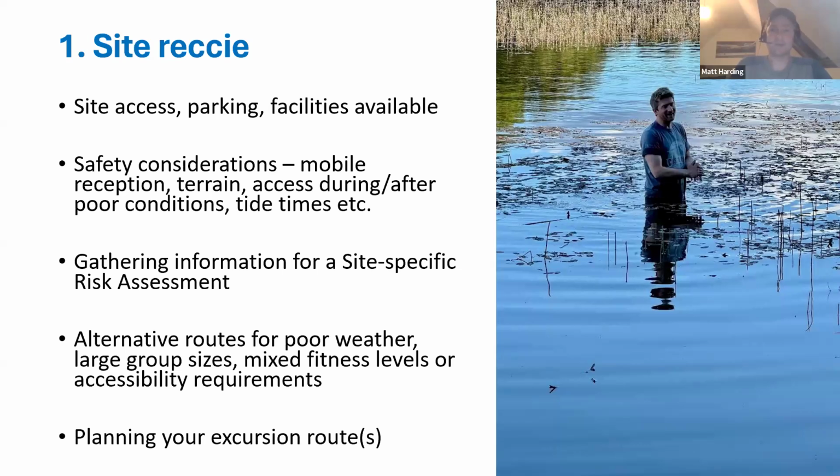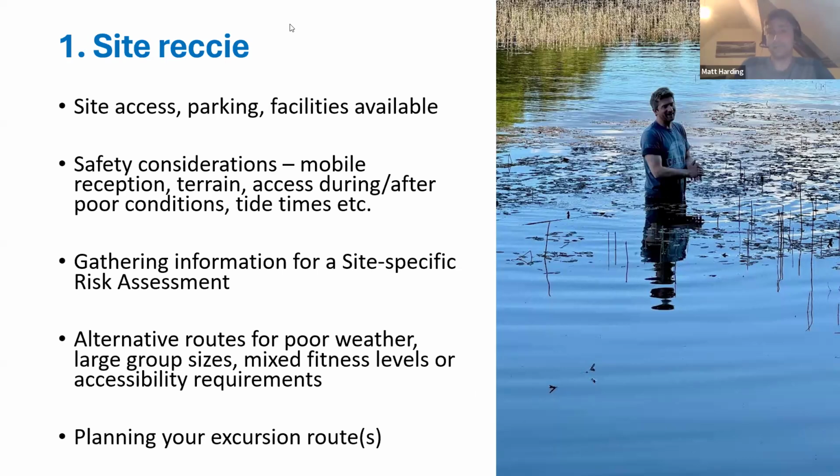Particularly important on your site recce is the safety considerations, because this is the opportunity to find out whether there's phone reception, for example, and what the terrain is really like. You can only learn so much from a map, and what the paths are really like. Are there going to be any access issues during poor conditions? If you're in a more remote or coastal area, you should be thinking about tide times.